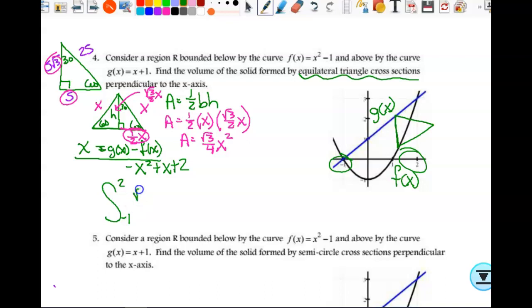Square root of 3 over 4 times, now these two x's are different. Maybe I shouldn't have used x at all. I was reusing variables in it. So this, of whatever the side length is, and this is my side length right here. So this is negative x squared plus x plus 2, squared dx.